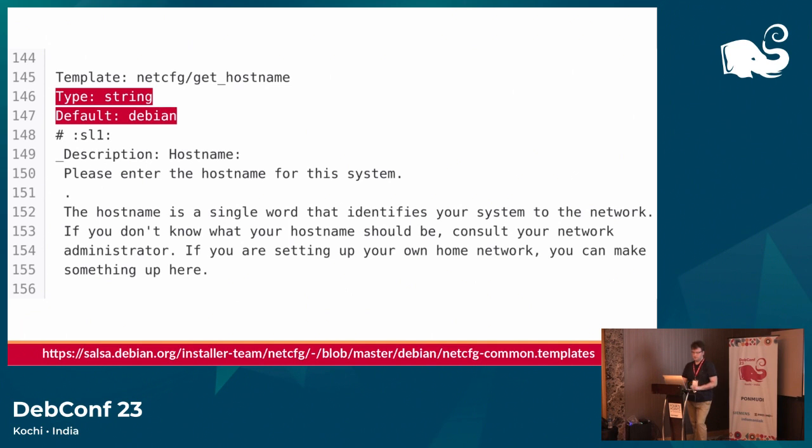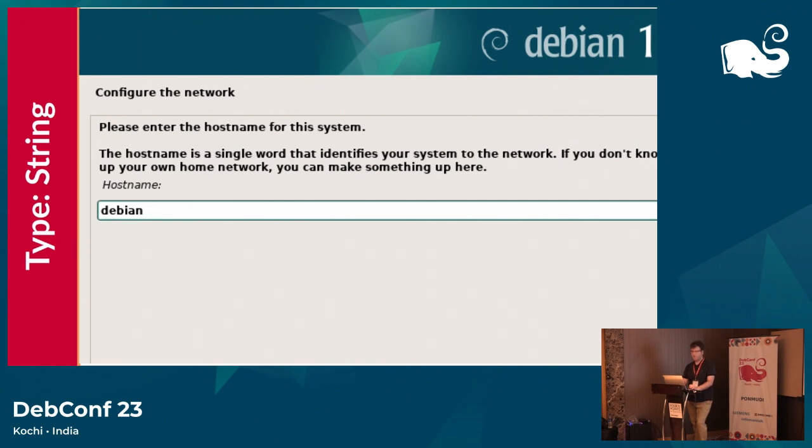You can also set a default on this, and what it looks like is this. It gives a free-form input field that people can enter whatever they want, and you can then do post-processing validation on that and display an error or continue your program as you like.